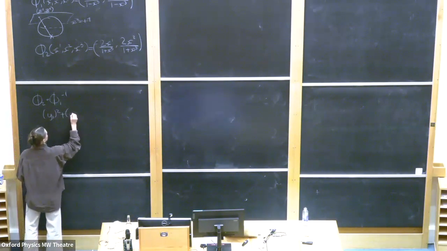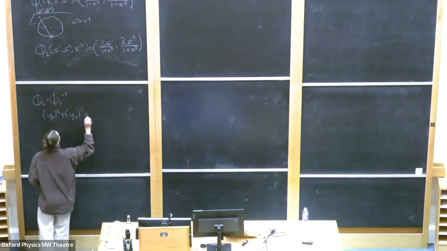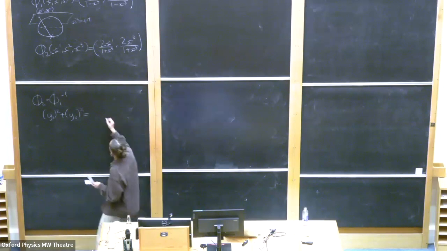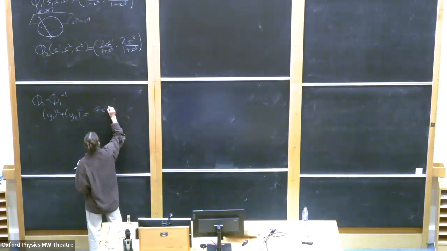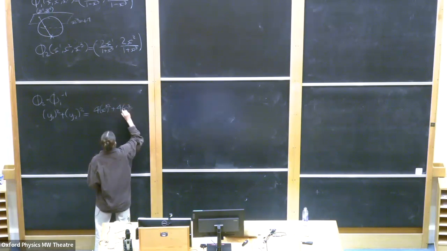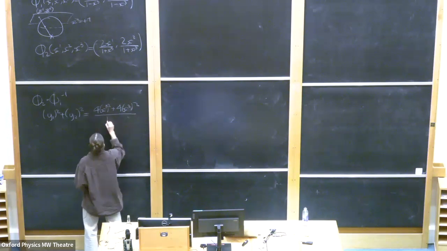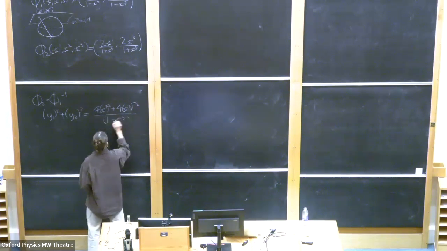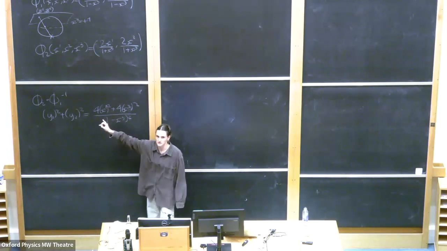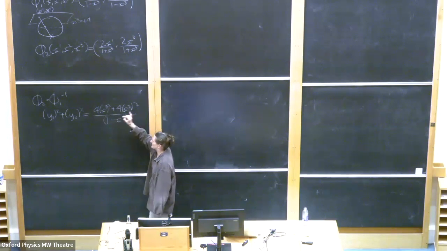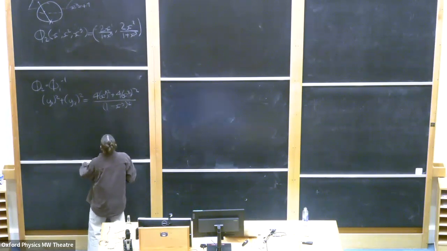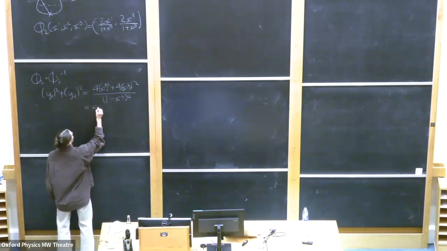y1 squared plus y2 squared is equal to, just using the expressions I gave earlier, 4x1 squared plus 4x2 squared over (1 minus x3) all squared. And now I can use the definition of S3, which I said was x1 squared plus x2 squared plus x3 squared is equal to 1, to remove x1 and x2 and just write this in terms of x3.